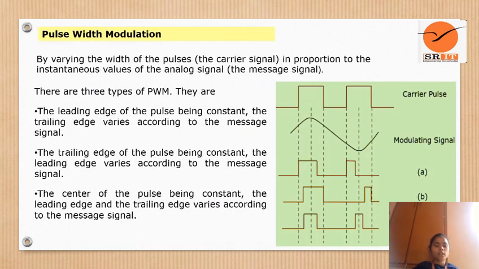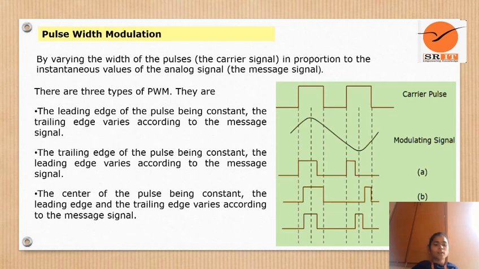Pulse width modulation: by varying the width of the pulses of the carrier signal proportional to the instantaneous values of the analog signal. There are mainly three types of PWM. In the first, the leading edge of the pulse is constant and the trailing edge varies according to the message signal.